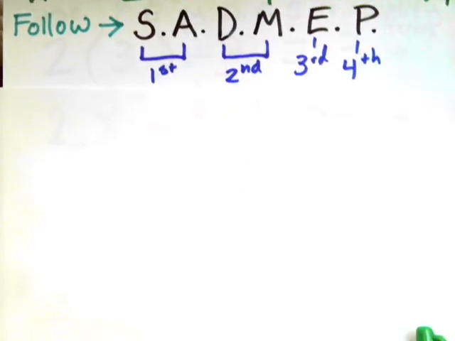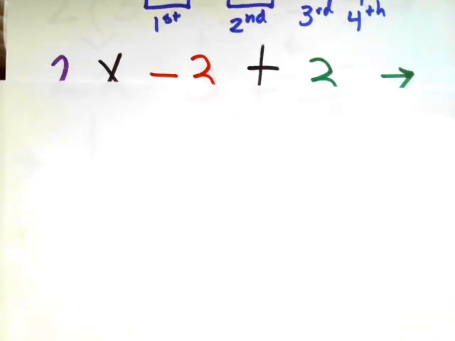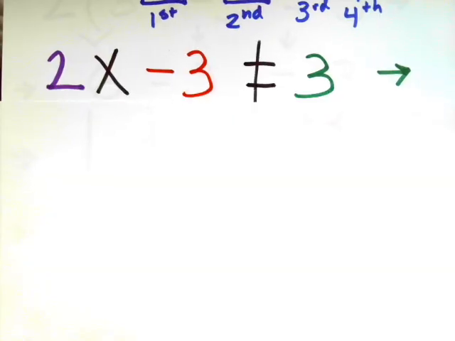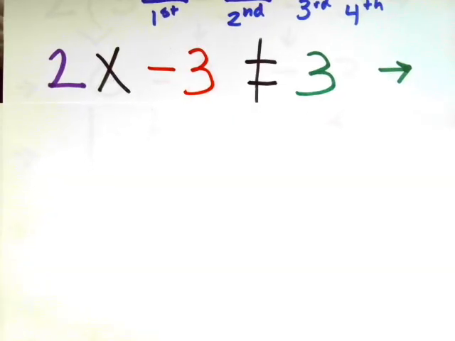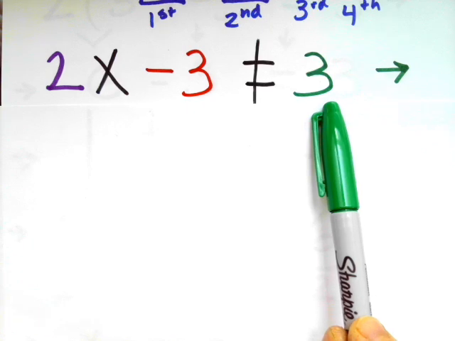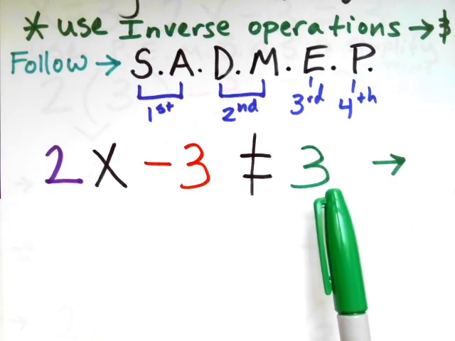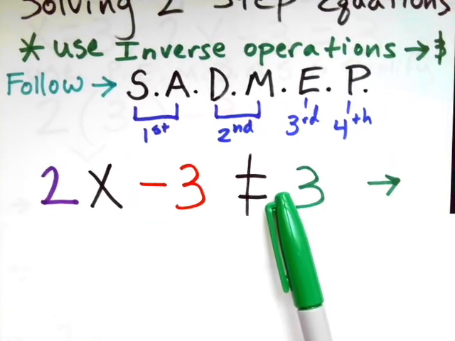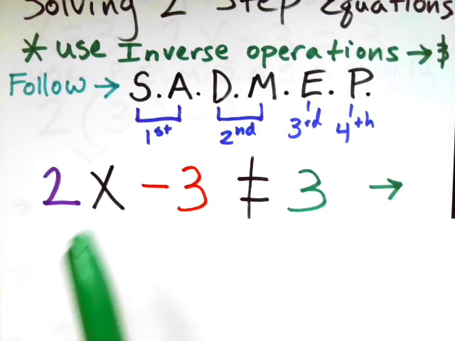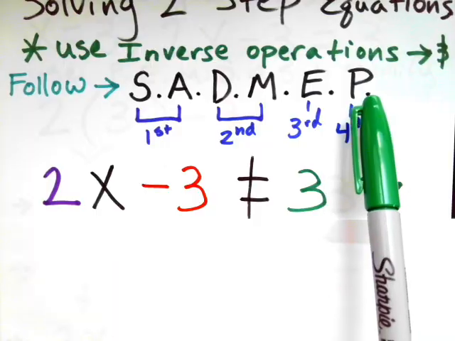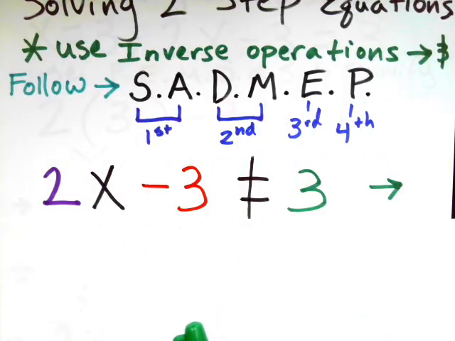So let's take a look at this first example. You got 2x minus 3 equals 3. So again, let's bring that back up here. We're going to follow, using inverse operations, the reverse of PEMDAS, order of operations.